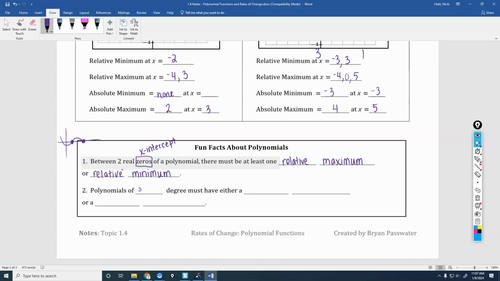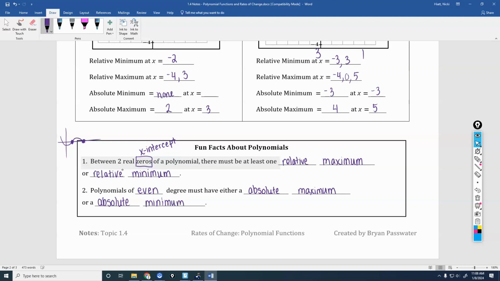Polynomials of even degree, so if it is a second degree, fourth degree, sixth degree, eighth degree, and so on, they must have either an absolute maximum or an absolute minimum.